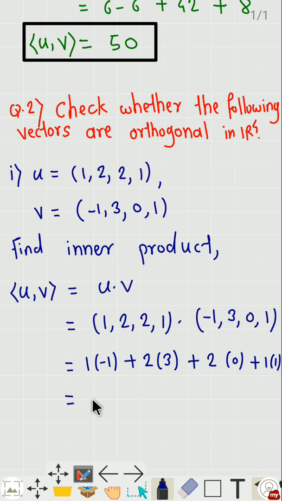It is equal to -1 + 6 + 0 + 1, and so the final answer is 6. So the inner product of u with v is equal to 6.